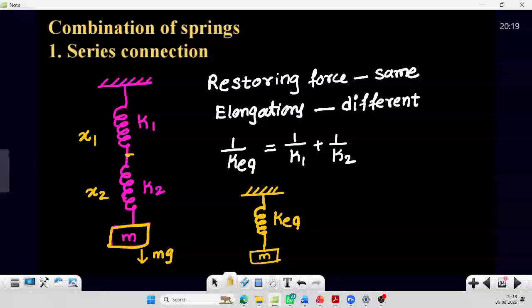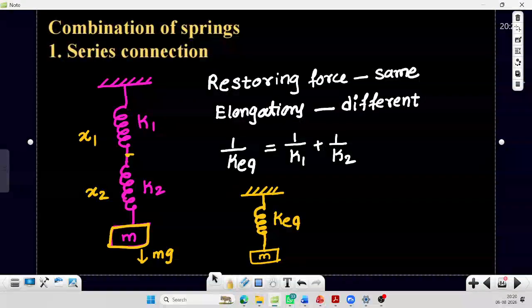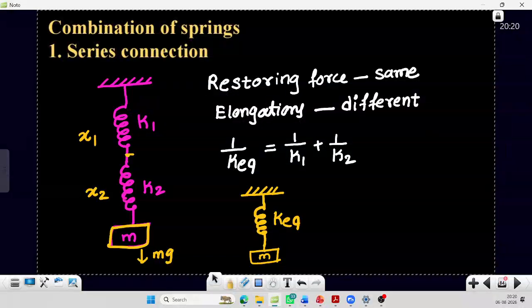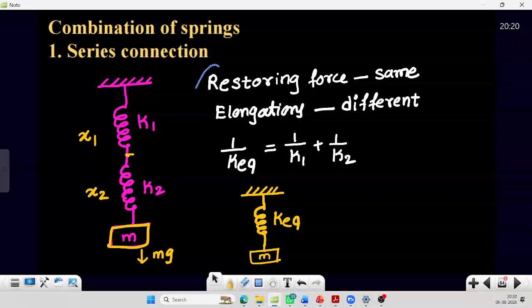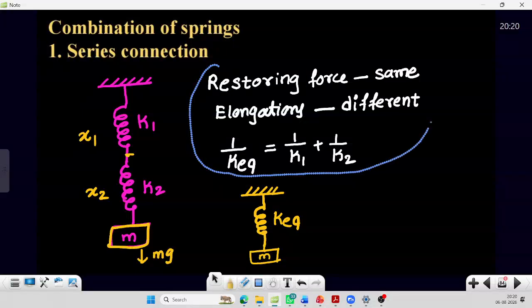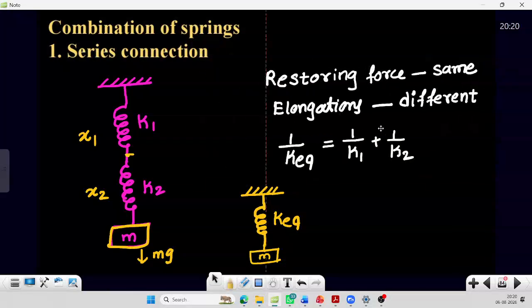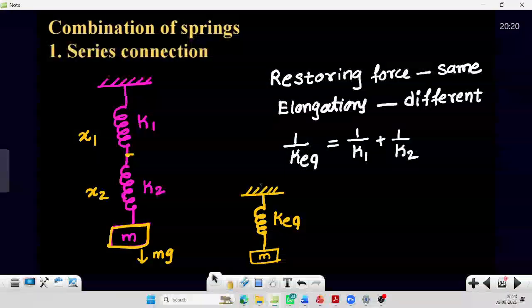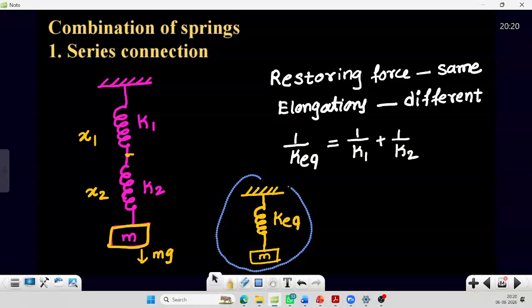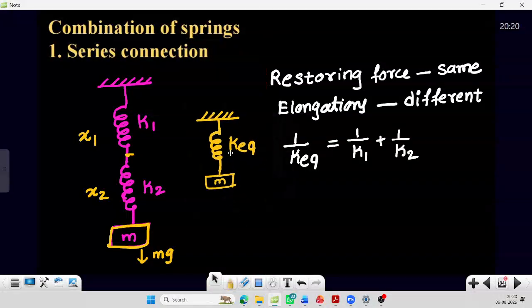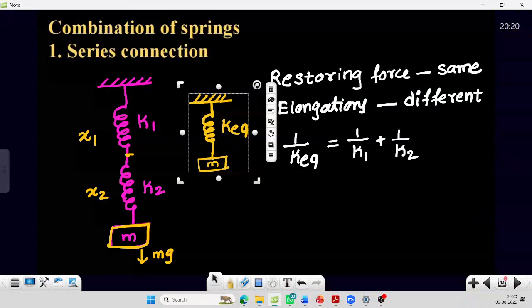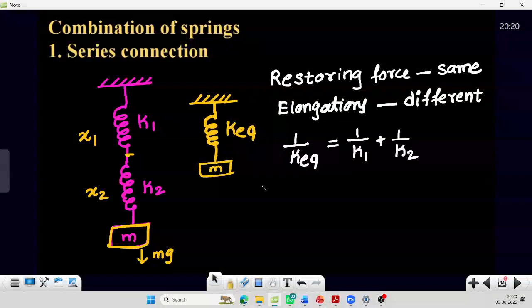How are the springs connected here? We have series connection and parallel connection.